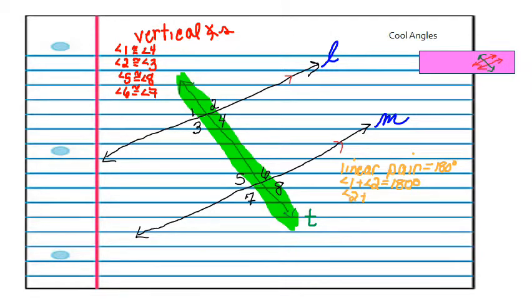Angle 2 plus angle 4 equals 180 degrees. They're a linear pair. Angle 4 plus angle 3 equals 180 degrees. I think you get the idea here. Likewise, angle 3 plus angle 1 equals 180 degrees also. And we can do the same thing down below here with 5, 6, 7, and 8.